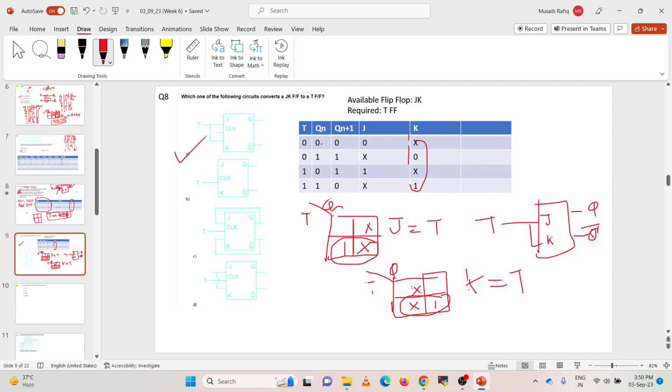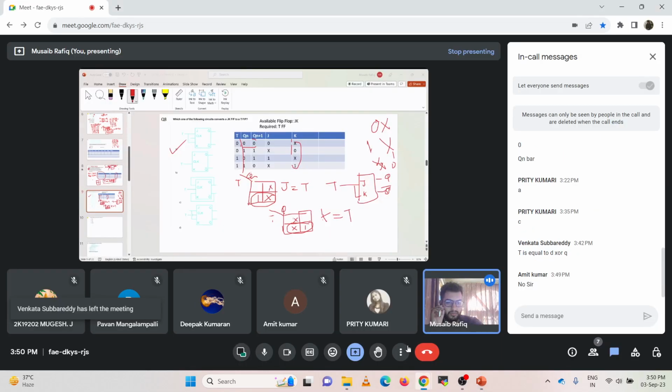You need to write the excitation table based on these two conditions here. Sometimes because we have solved so many problems, we know the excitation table of the JK flip-flop is something like this: 1, 0, X1 and X0, and we directly write these things. But we have to look at these conditions. This is for 0, 0, 0, 1, 1, 0, 1, 1. Here it was 0, 0, 1, 1, 0, 1, 1, 0. These are some of the points you need to keep in mind to avoid any mistakes.